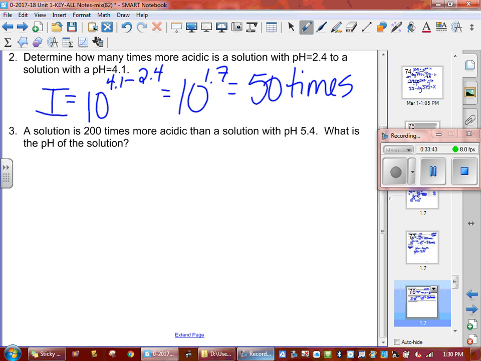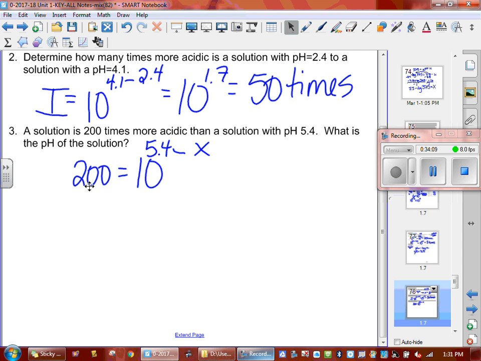If this number is a whole number, that means x is second. If it's a whole number, x has to be written second. So 5.4. Now we convert to log form: log 200 equals 5.4 minus x.